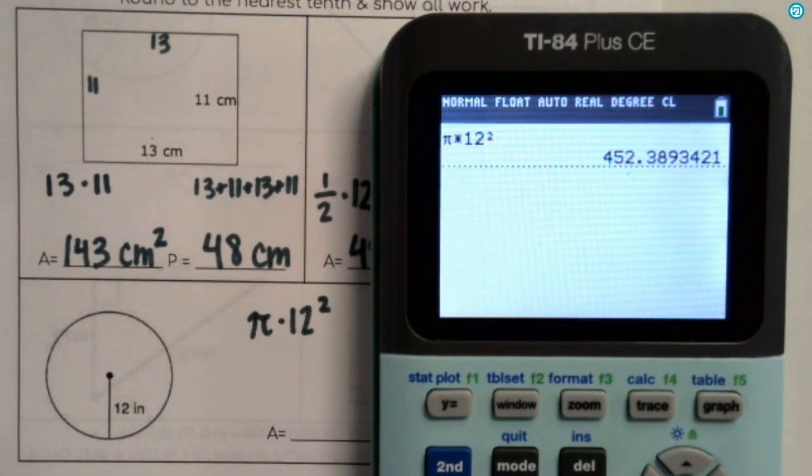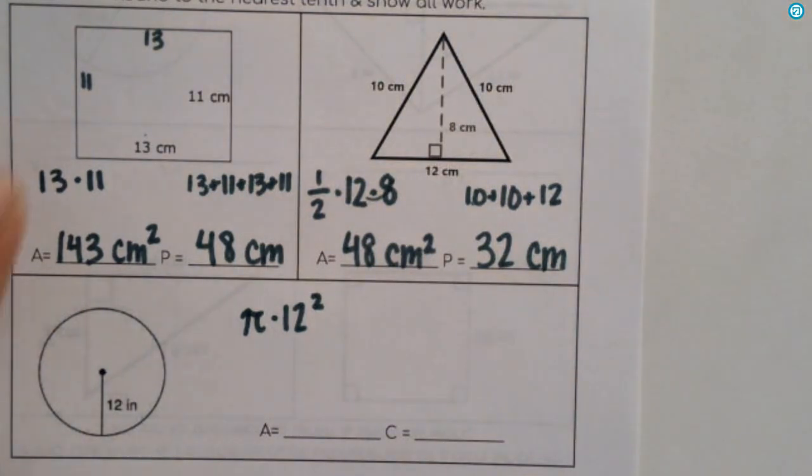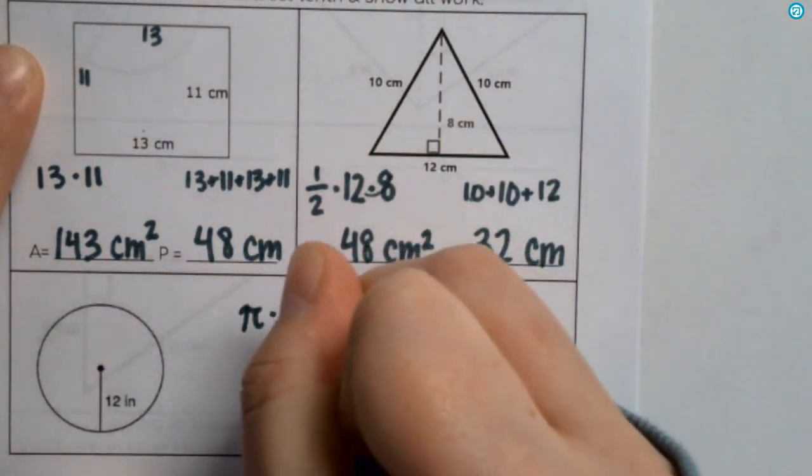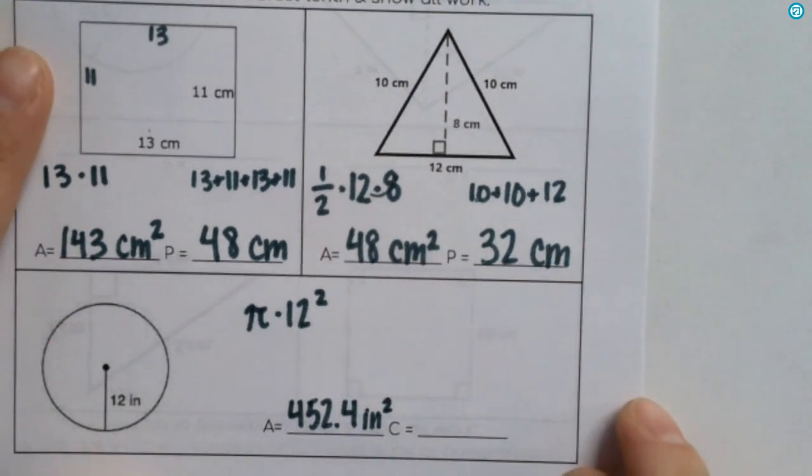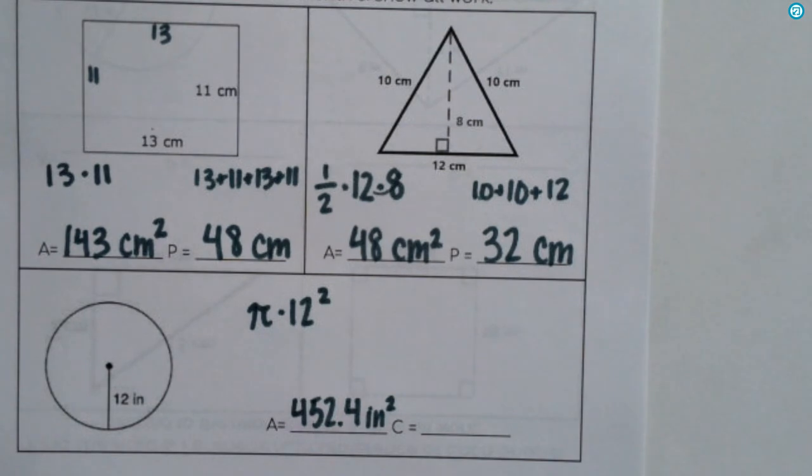And I get 452, and then that's going to round up to 0.4. Remember, we're rounding to the nearest tenth. So I've got 452.4, and then that's going to be inches squared. Okay.